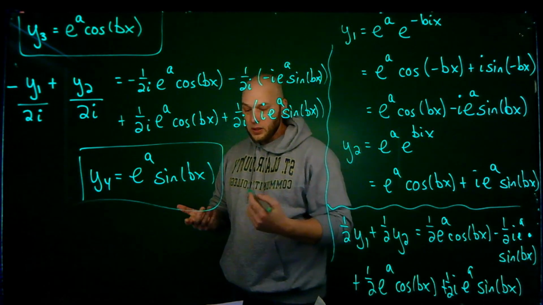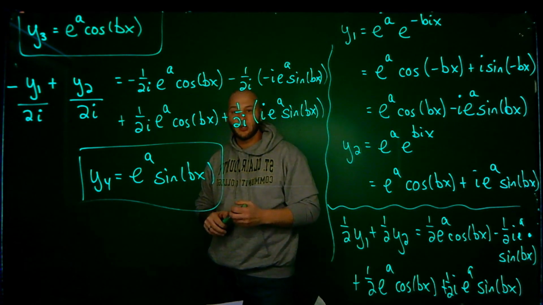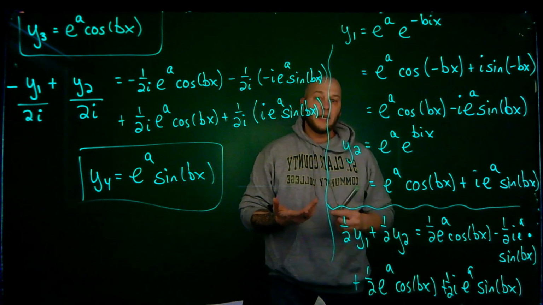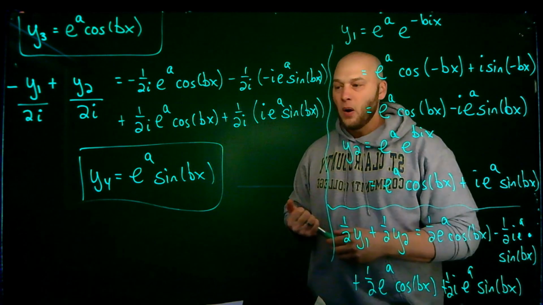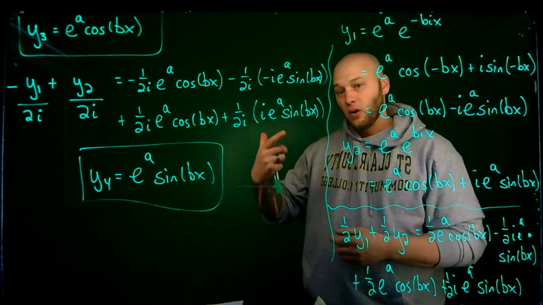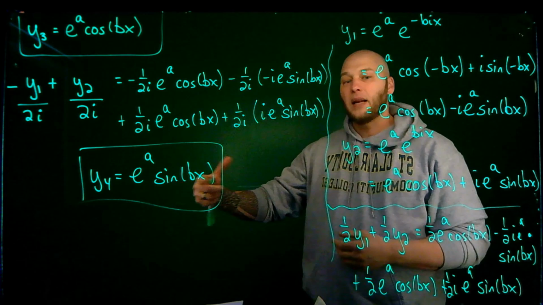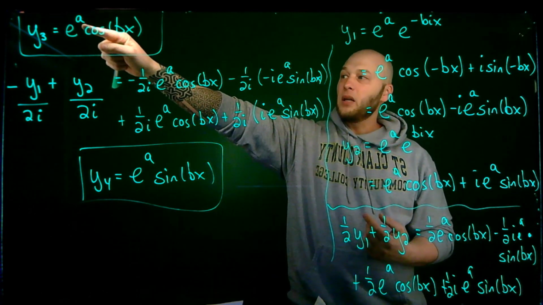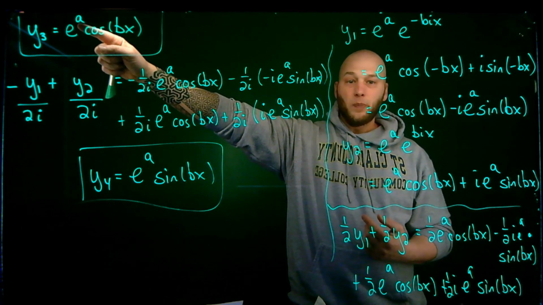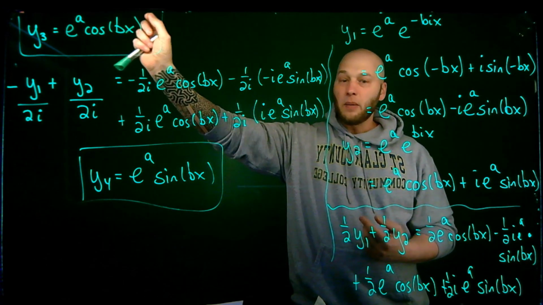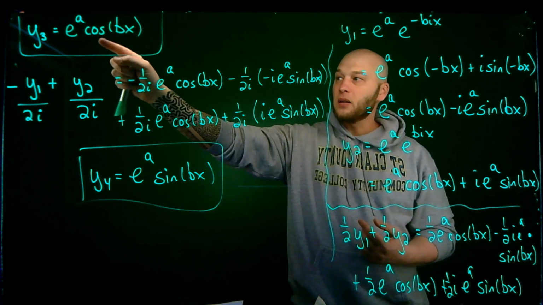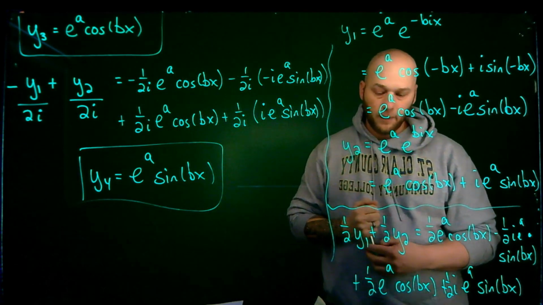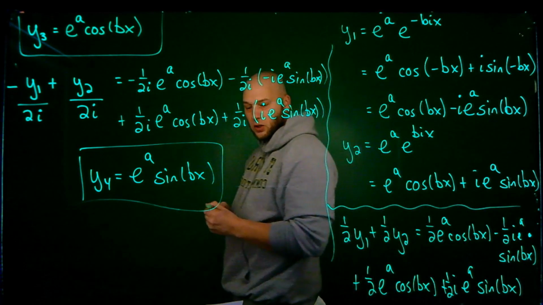So this tells me how to construct these solutions in the case when I have complex roots. I get my complex roots, a plus or minus bi, and then I just take the real and the imaginary part. The real part is the exponent on the exponential, and the imaginary part is the coefficient of x inside the cosine and inside the sine. Let's go ahead and solve a differential equation using that.